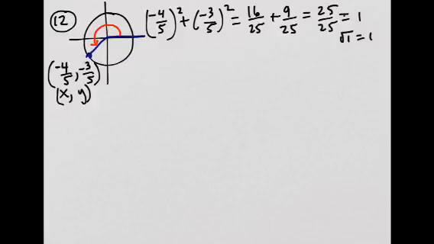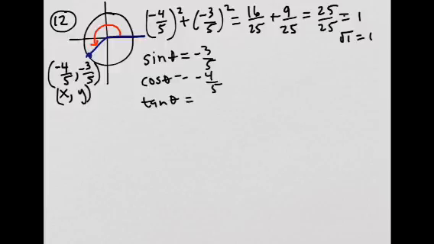With that in mind, it's asking you to give the 6 trig function values for that angle. So you have sine of theta is the y-coordinate, cosine of theta is the x-coordinate, 4/5, tangent of theta is y over x, and so it's going to be negative 3/5 over negative 4/5, so it's positive 3/4.